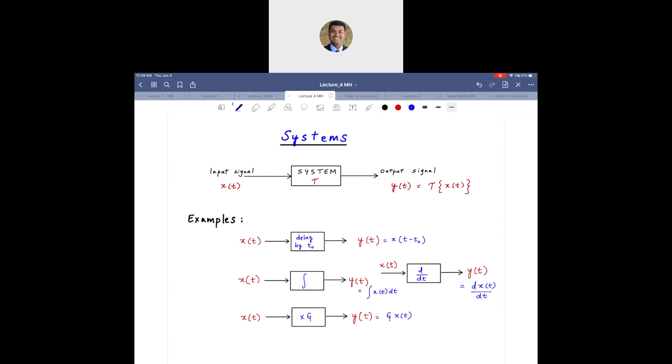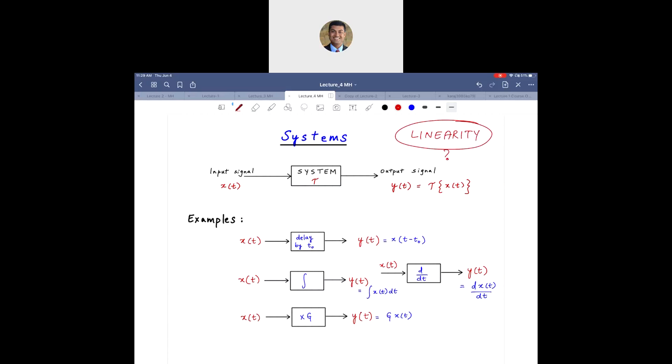Those properties could be linearity, stability, causality, time invariance. There are lots of system properties that we are going to go through next. The first one and the most crucial one is linearity. Is the system linear? That's question one.